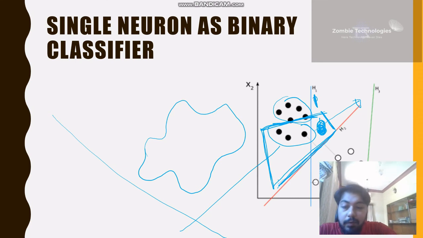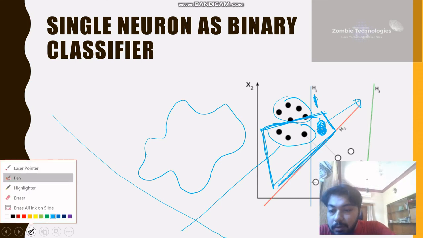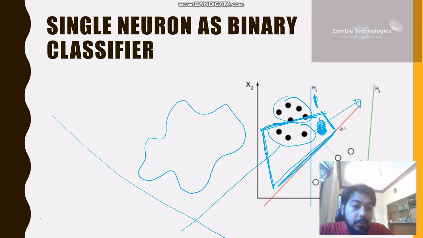If I repeat myself, this is a single neuron which has classified this line, and it is able to classify two different groups. Now I want to create a complex classifier. I will use another neuron to create this classifier, another neuron to create this classifier, and another neuron to create this classifier, and I can use all these classifiers together to form a secluded group inside as group 0, and everything outside is group 1.